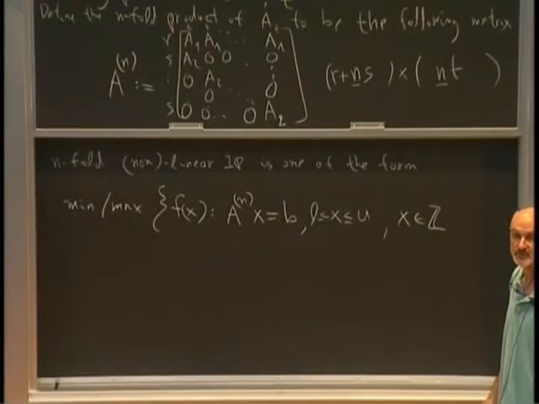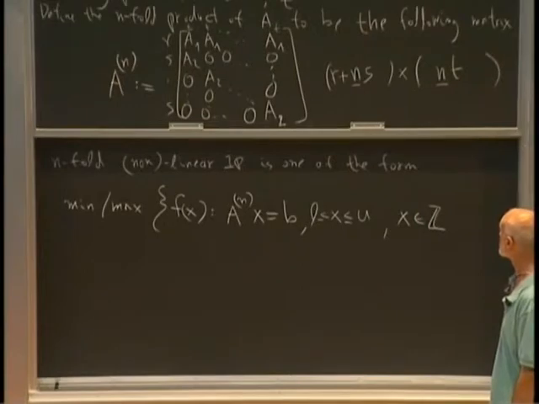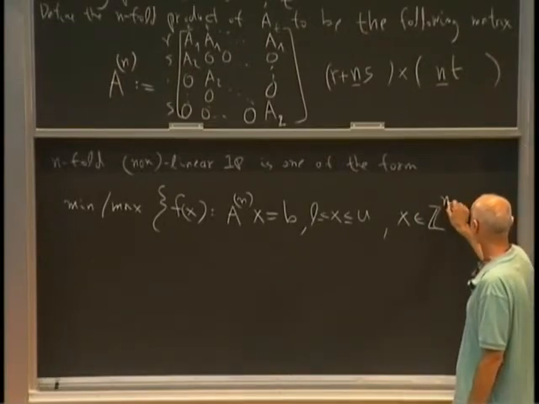What's the dimension of the vector of variables? N times T.